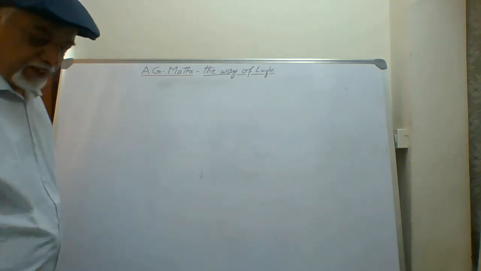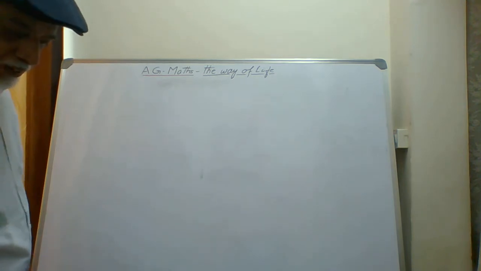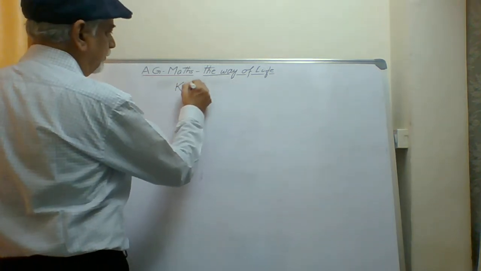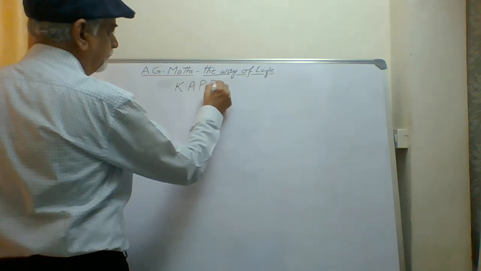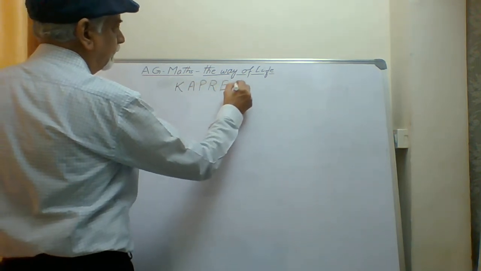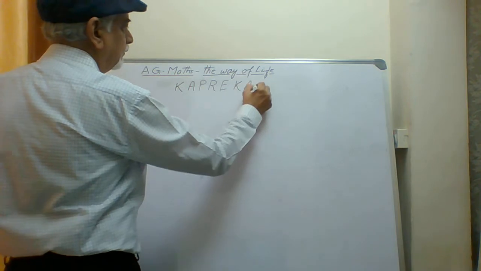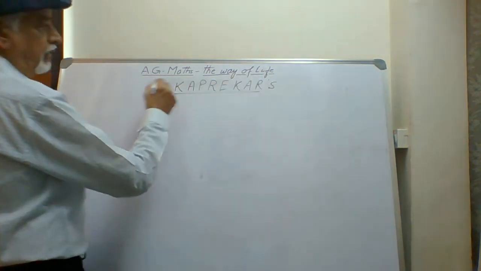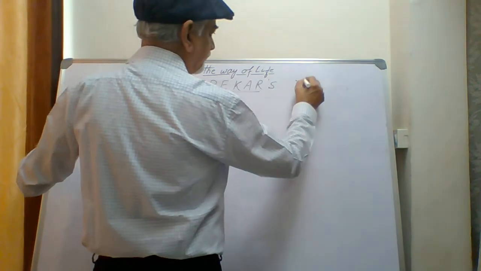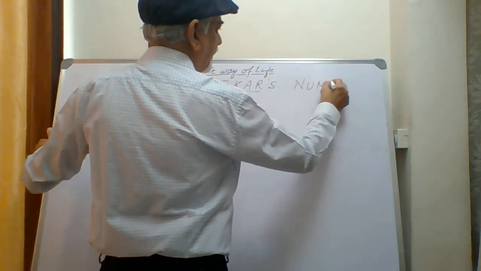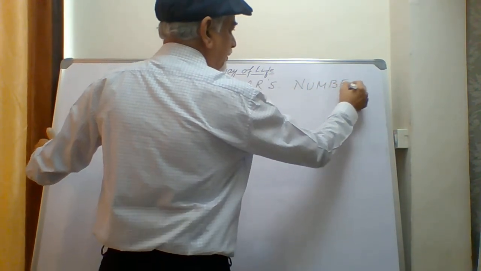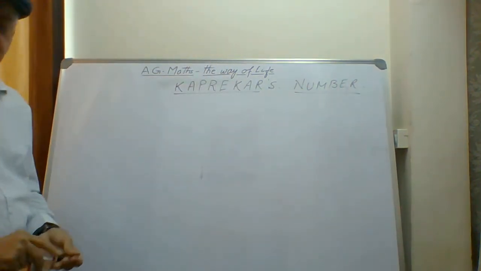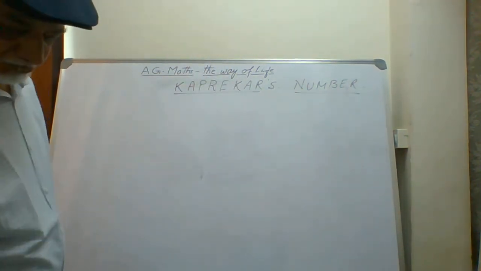Now this is a scientist or mathematician who is called Kaprekar. And the number is called Kaprekar's number. What is that number? And what is the speciality about this number?